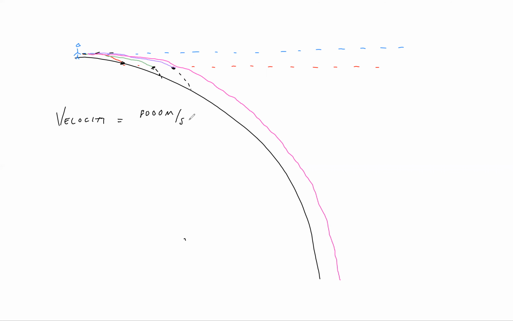Which way is gravity pulling on this object right here at this point? Gravity is only pulling that thing that way. Gravity is not slowing this thing down. The only thing slowing it down is air resistance, right? So, because gravity only works in this way, the velocity is working in that direction.